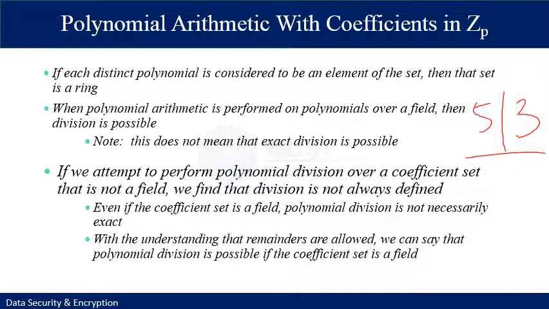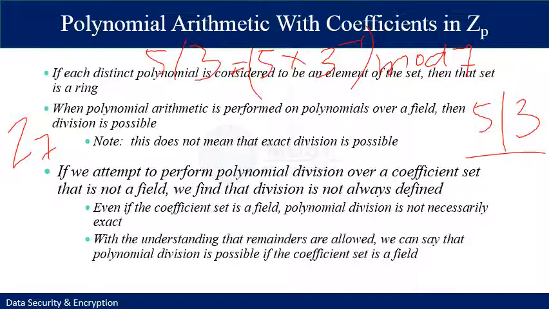Now suppose that S is the field Z7. In this case, we use arithmetic modulo 7 to perform the division, so 5/3 is translated into 5 multiplied by 3 inverse mod 7.